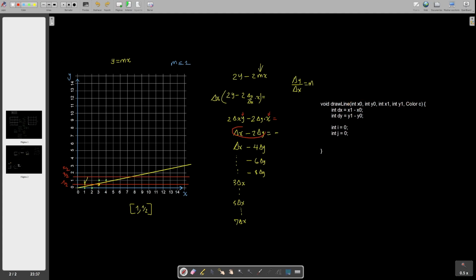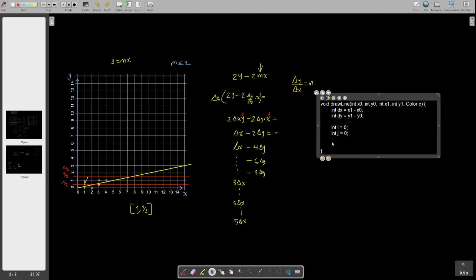We're going to have to evaluate the first iteration against this. So I'm just going to create that first value, which is the x minus twice delta y.